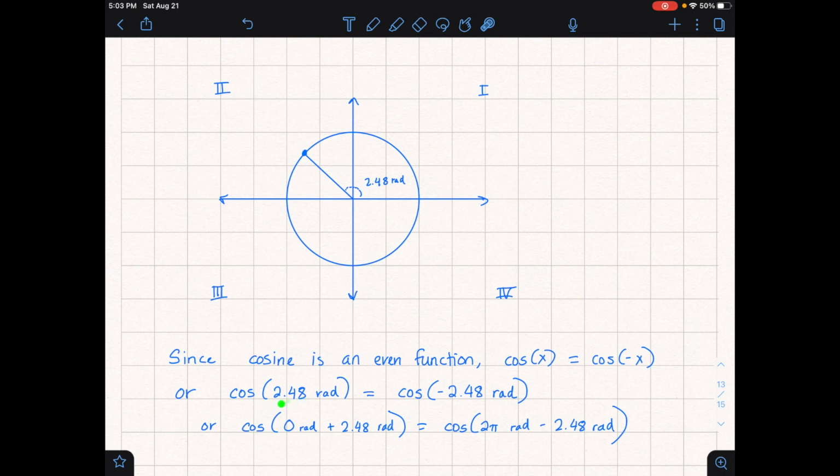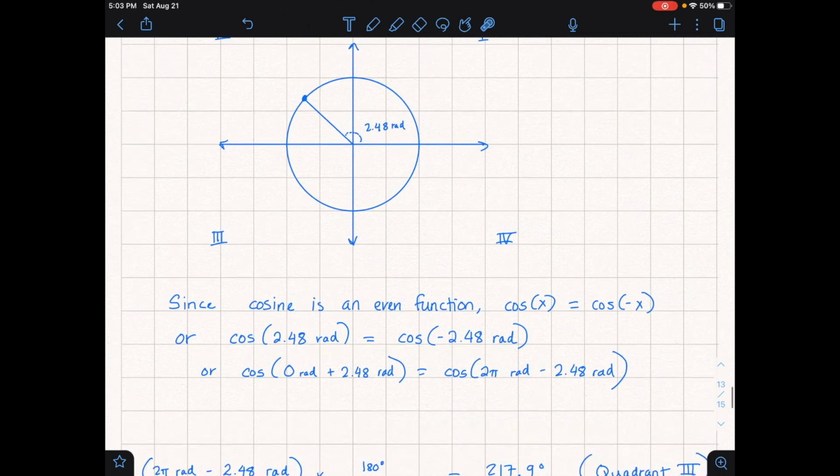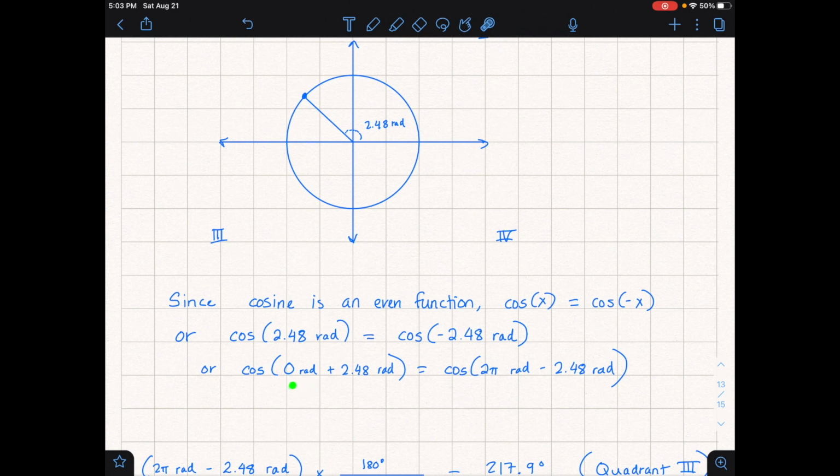So cosine of 2.48 radians is equal to cosine of negative 2.48 radians. Or another way to think about this is that cosine of this angle right here is equal to cosine of 2 pi radians minus 2.48 radians. So effectively, you can think of 0 and 2 pi being right here, and negative 2.48 radians would just be going 2.48 radians in the negative direction.